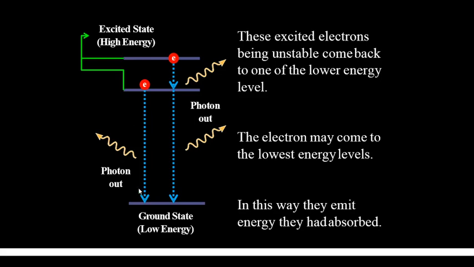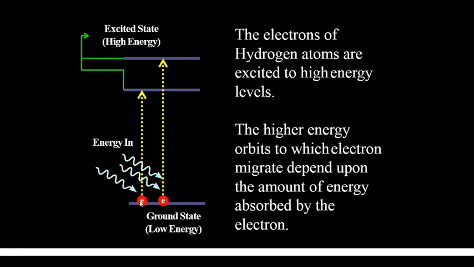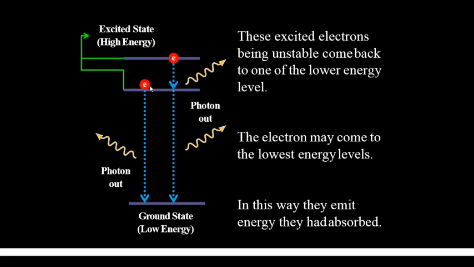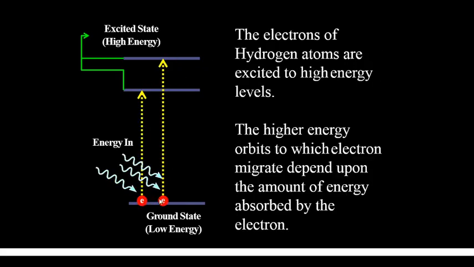See, in the previous slide we had seen that this electron, on attaining one photon, jumps to the first excited state. Now here, that electron emits that photon and comes back to the lower energy state. And what about the second electron? The second electron, on attaining more energy, jumped to the second excited state.